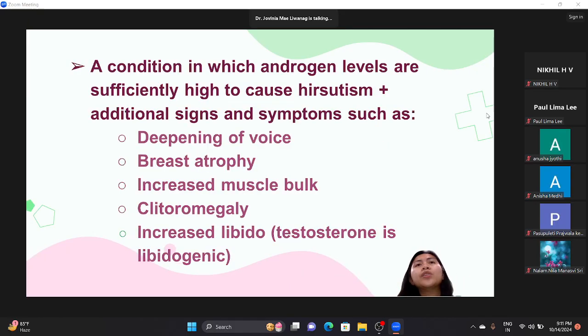Virilization is a condition in which androgen levels are sufficiently high to cause hirsutism plus additional signs and symptoms. What are these? Usually the deepening of voice, breast atrophy, increased muscle bulk, clitoromegaly, and increased libido because testosterone is libidogenic. These are the common additional symptoms or signs in virilization.